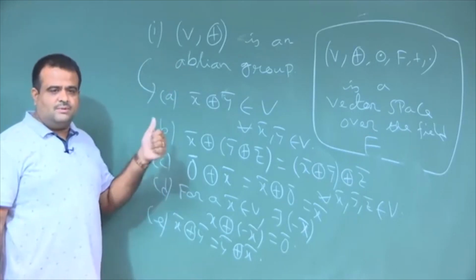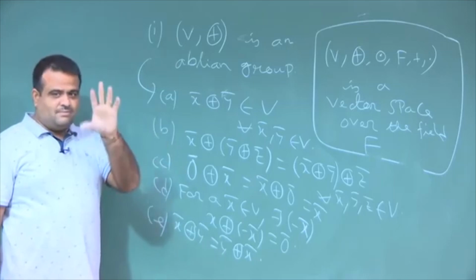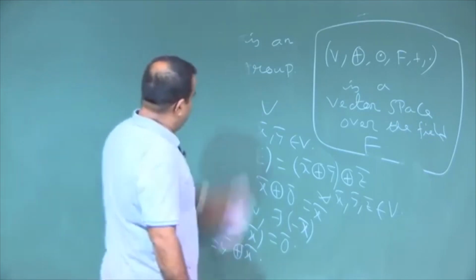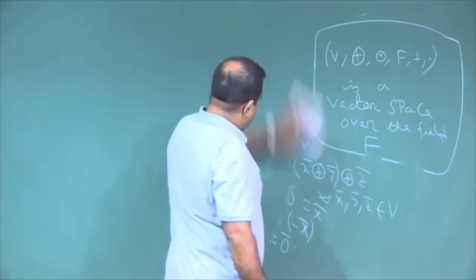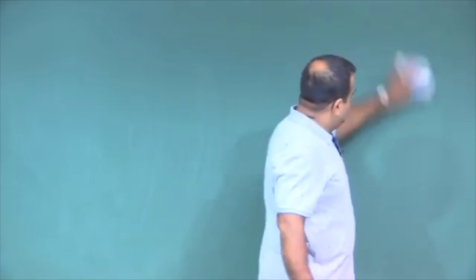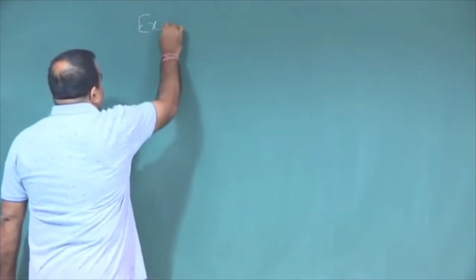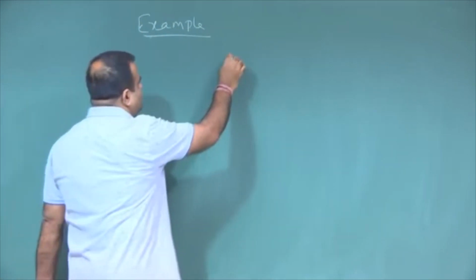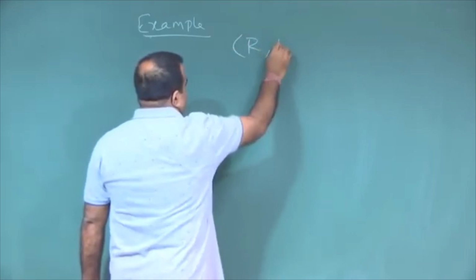So, this has to be an abelian group, along with that we must have the property on the scalar multiplication. Now, we will take an example of a vector space. Let us say we take a field to be R, the real field.